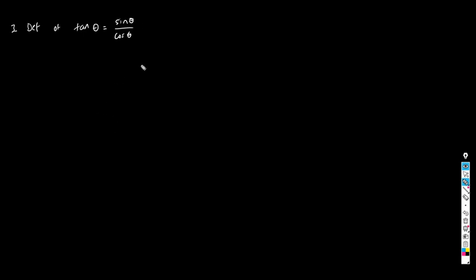One more time, very quickly, if I'm talking about some angle in standard position, let's draw it here now. This is theta, and then this is the point on the terminal side.